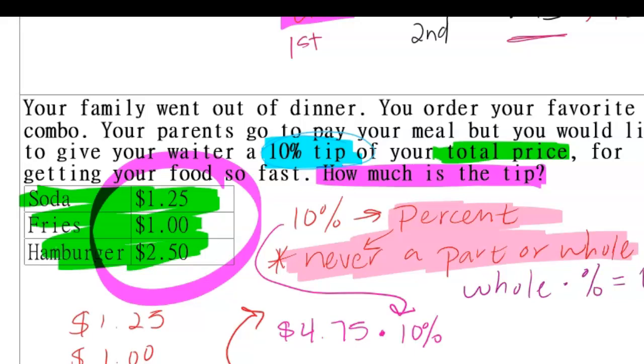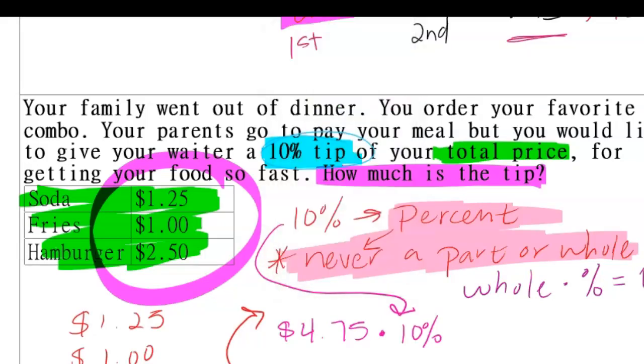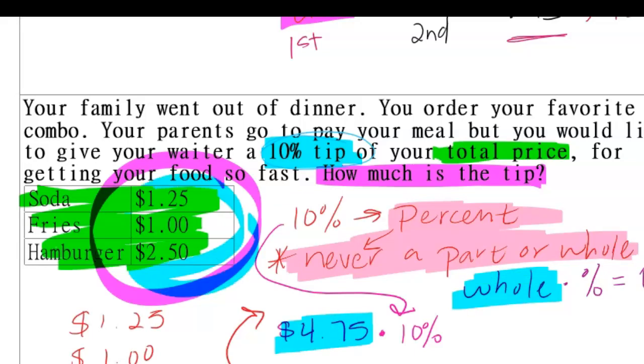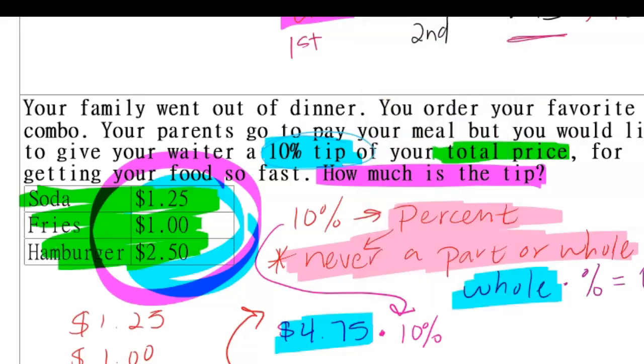So again, this is our total. So this is our whole, because we added all of these up to give us our whole, and we just brought this 10% down. Okay, that's all we did. Don't let it trick you. All we did again was bring that 10% down here.